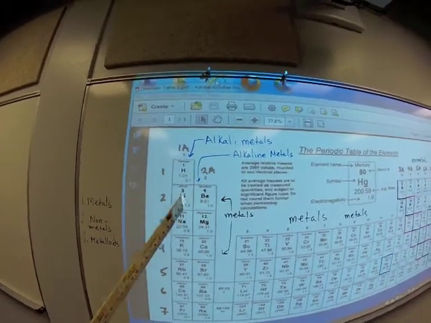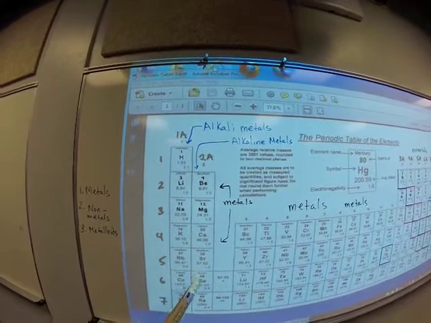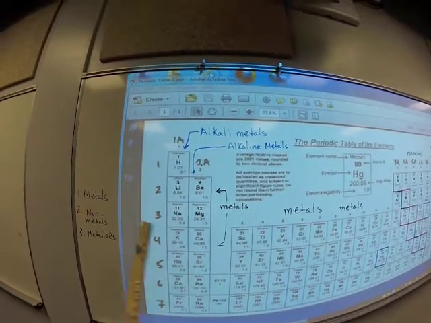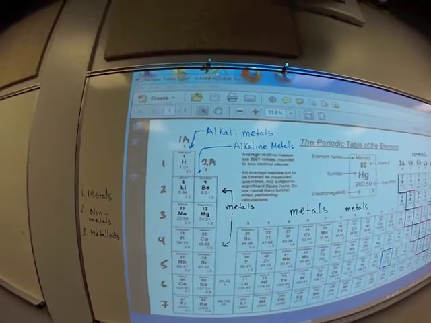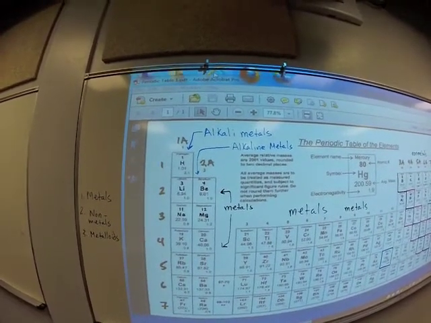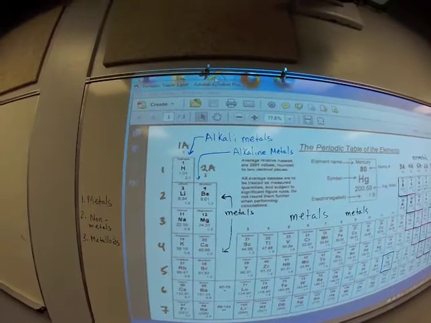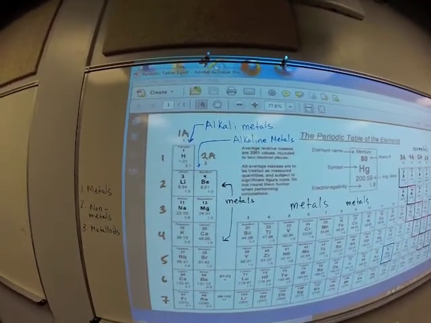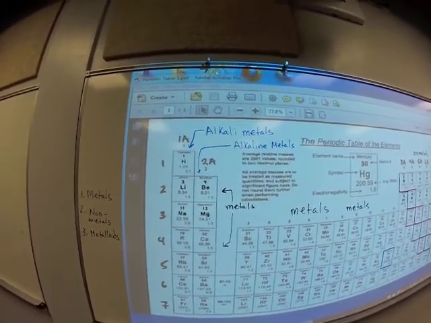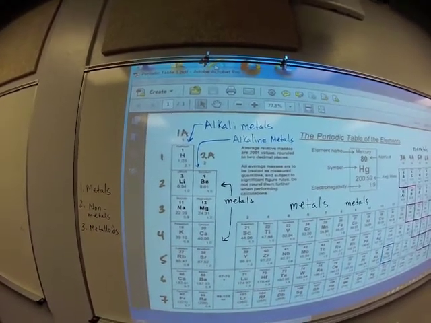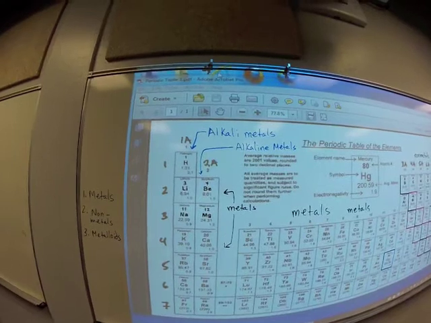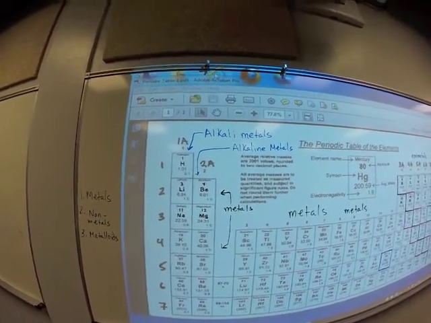By the same token, the metals that are in group 2A, while they're less reactive by comparison to group 1A, still are highly reactive compared to the other metals. And similarly, in a reaction with water, group 2 metals will cause the formation of solutions that are basic and will turn red litmus blue.